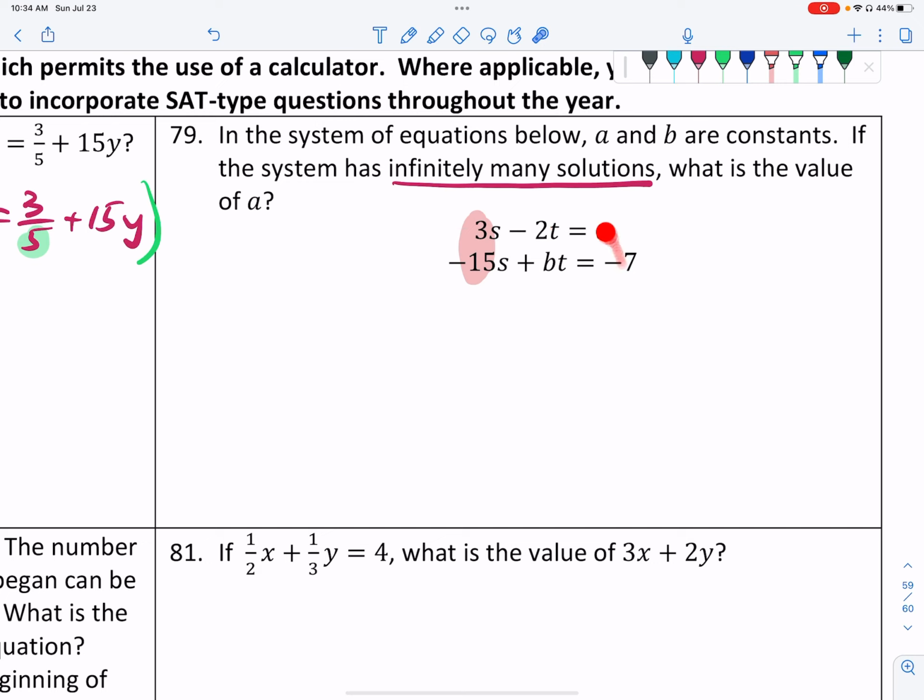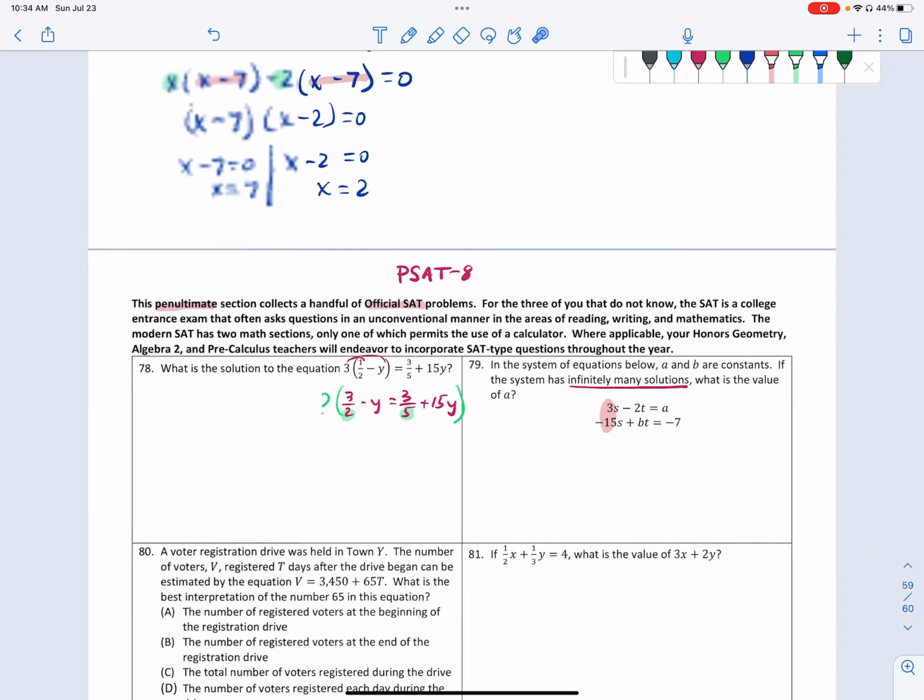And you can't make the constant terms match up because, again, your A is some unknown number and then you have a -7. But I bet you can multiply something here to make the -3 and the -15 match up. And that's what your goal is to try to do, and then ultimately figure out what the A value is.